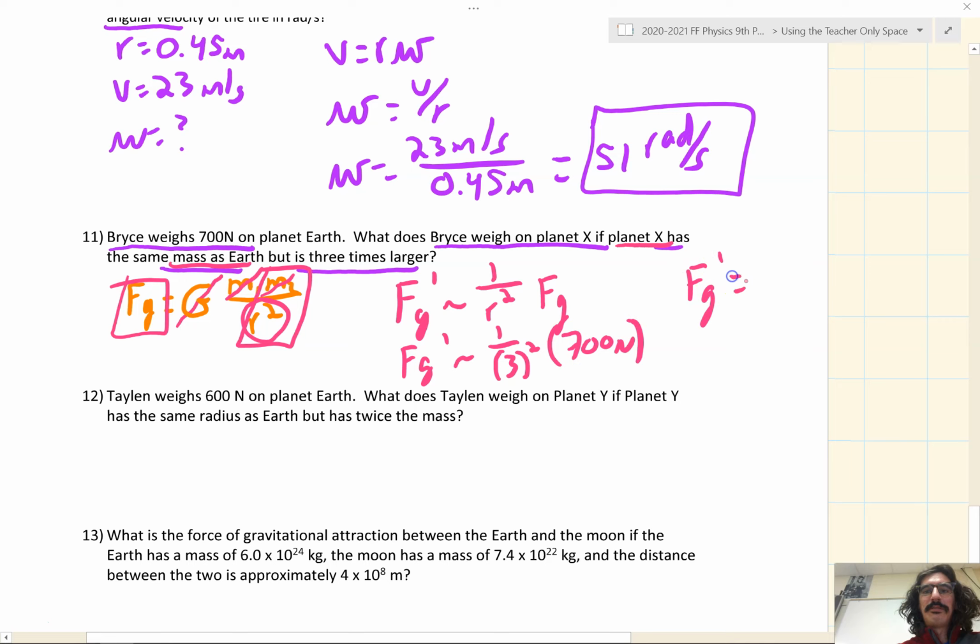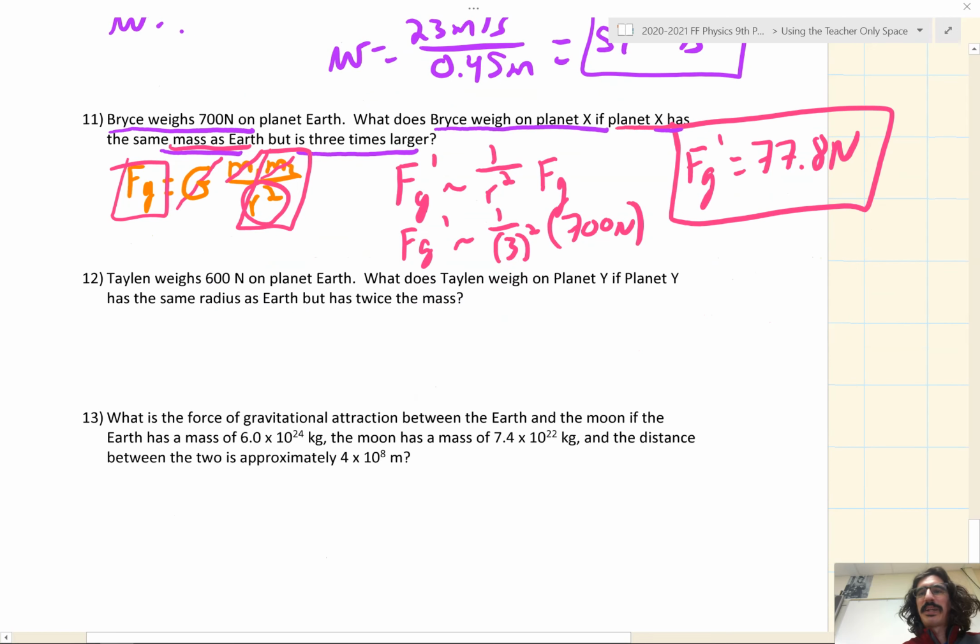Plug and chug, and we get Bryce's new weight is equal to 77.8 newtons on planet X. So when the planet's size increases but its mass stays the same, we can see that Bryce's weight is going to decrease by 1/9, 1 over 3 squared, of what it was on Earth.